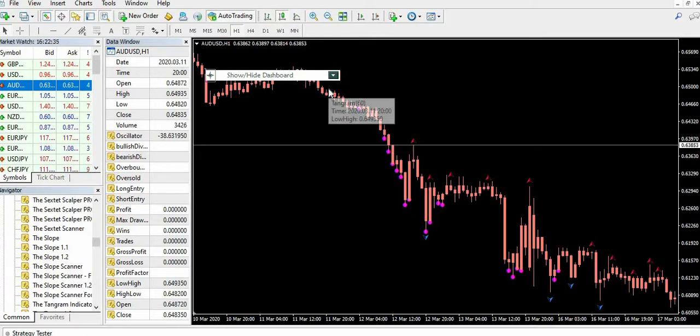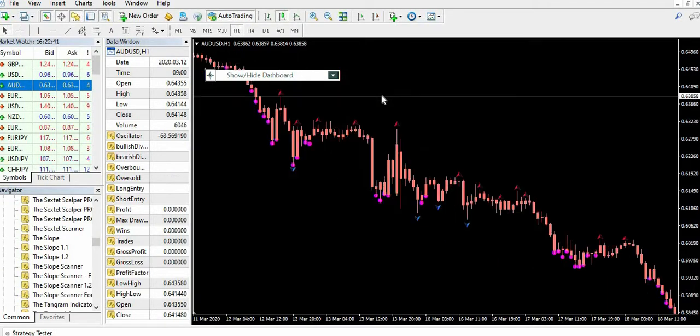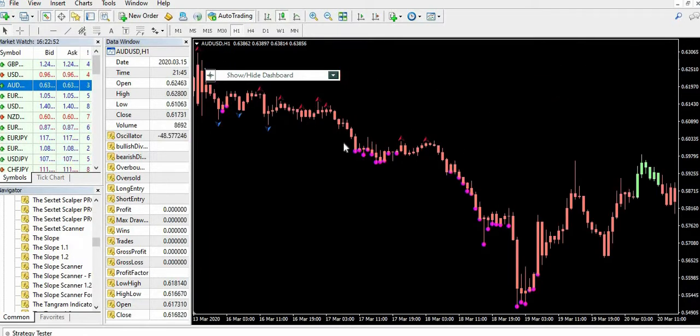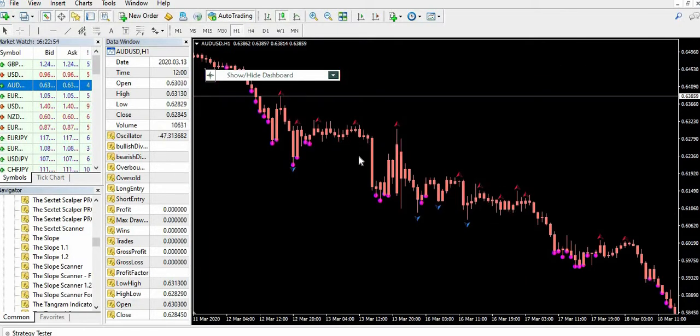The colored bars indicate the overall direction of the trend. It looks at when the compound score of the indicators is above or below the average score. The green bars indicate the uptrend, and the red bars indicate the downtrend.